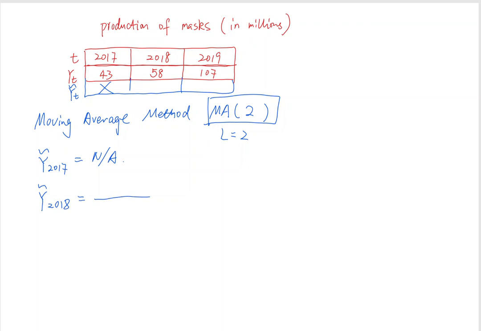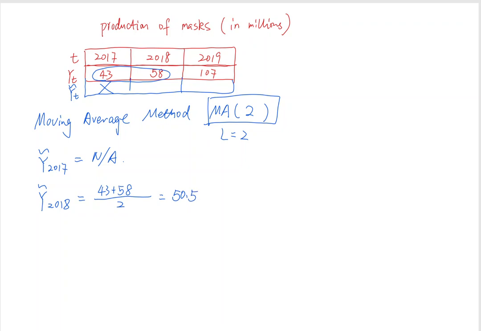By the formula, the 2018 estimated value will use 58 and 43. Because L equals 2, we need to average these two, so it will be 43 plus 58 divided by 2. If you calculate this, it will be 50.5.